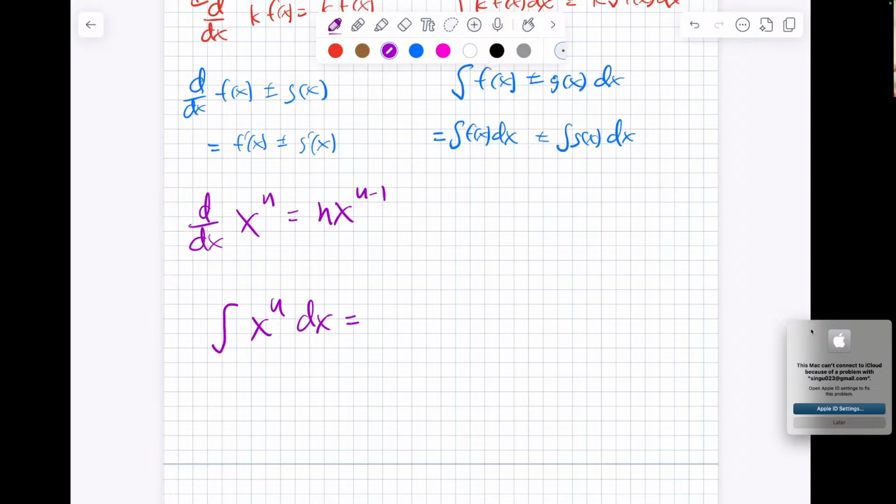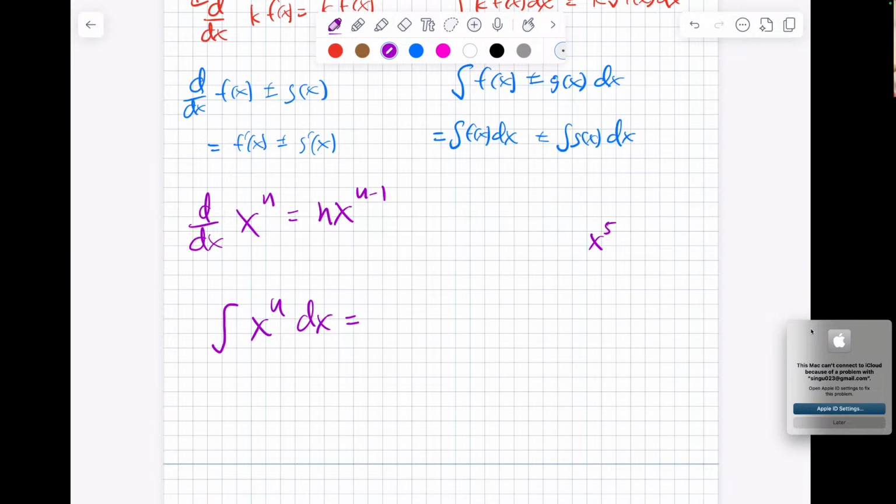Let's take an integration of this. What happens if you have x to the 5? Can you imagine a function whose derivative is going to give you x to the 5?